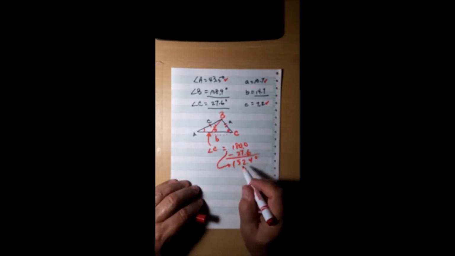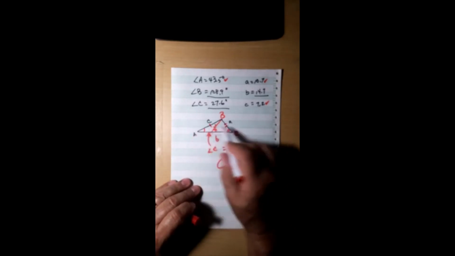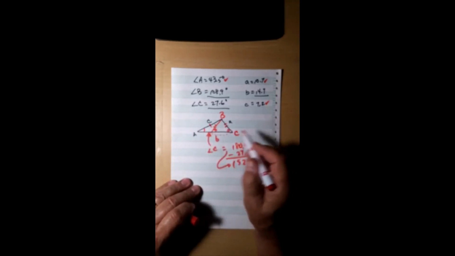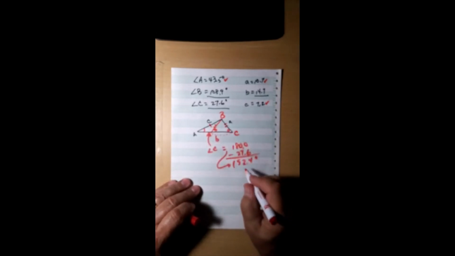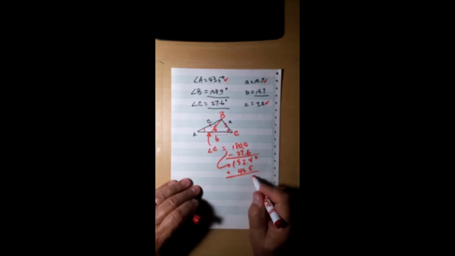In order for that to be a viable angle, the three angles, A, B, and C, still have to add up to 180. We know A is locked in. It has to be 43.5. We said the other choice for angle C was the 152.4. When we add these together, we get 195.9.